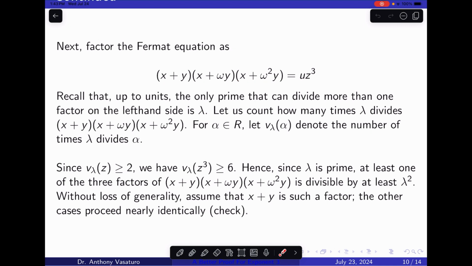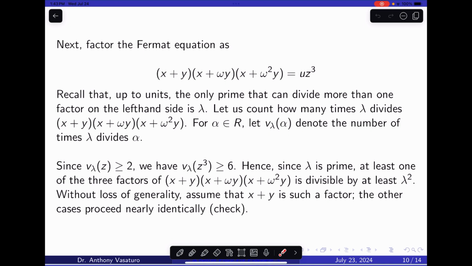So why don't we count how many times lambda divides this left-hand side? Let's introduce some notation to do that. For alpha in R, let's let v sub lambda of alpha denote the number of times that lambda divides alpha. So this is like the lambda-adic valuation of alpha. Now, we know that v lambda of z is bigger than or equal to 2, right? Because lambda squared divides z, excuse me.